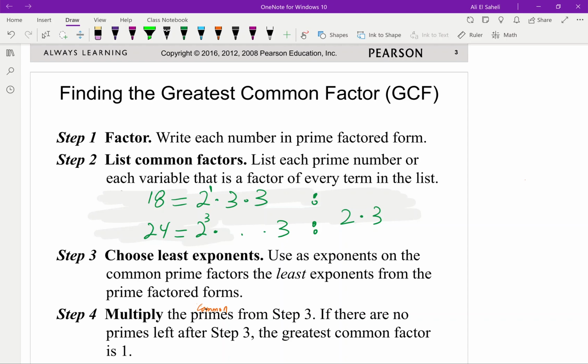So here we choose 2 to the power 1. Multiply the primes, so we multiply these and we get the greatest common factor. So the greatest common factor is 6. If over here we don't have any more common primes, then the greatest common factor is 1.